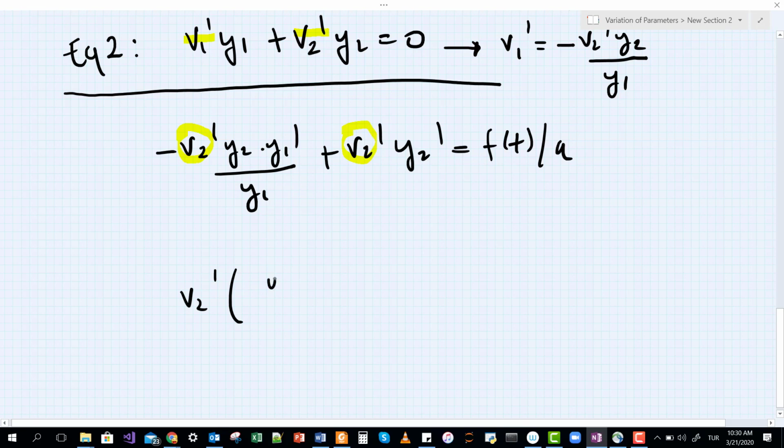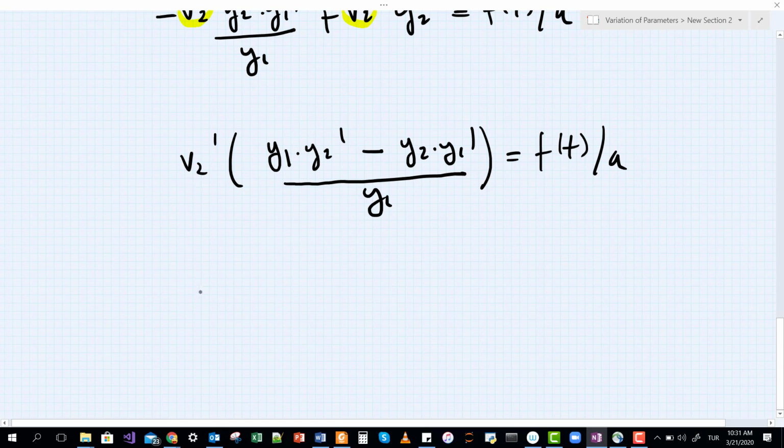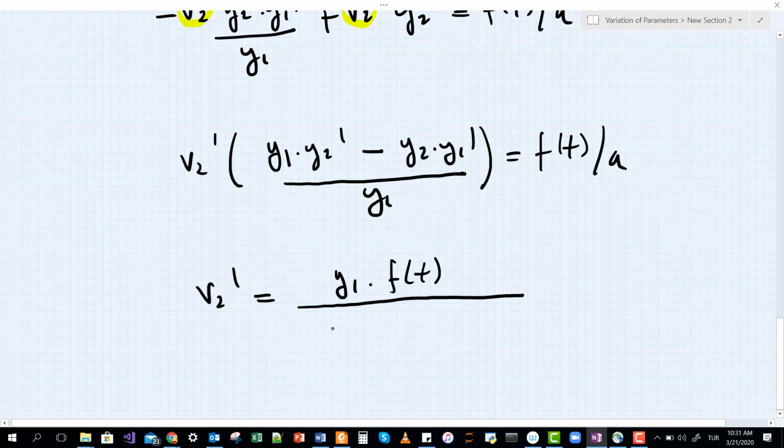If I do this, I would have y1 times y2 prime minus y2 times y1 prime over y1, which is equal to f of t over a. And from this, v2 prime is going to be equal to y1 times f of t over a times y1 times y2 prime minus y2 times y1 prime.